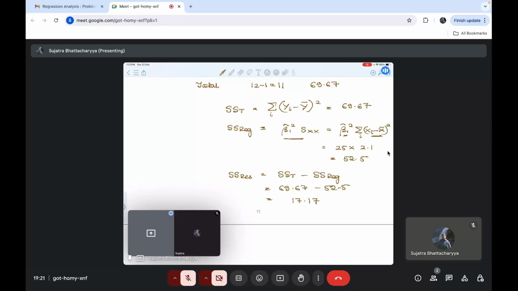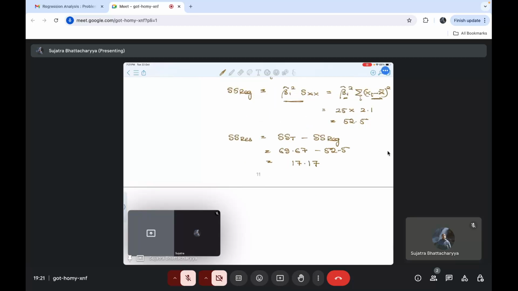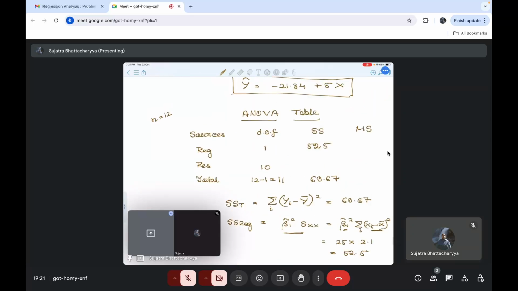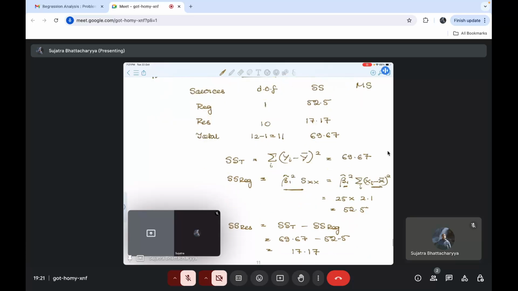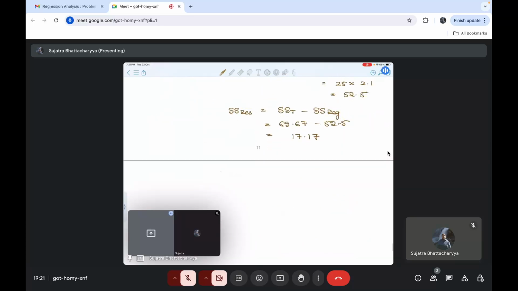Remember this is for a simple linear regression model. So calculate SS regression, calculate SS total, and you find it out. So you just write it here, 17.17.